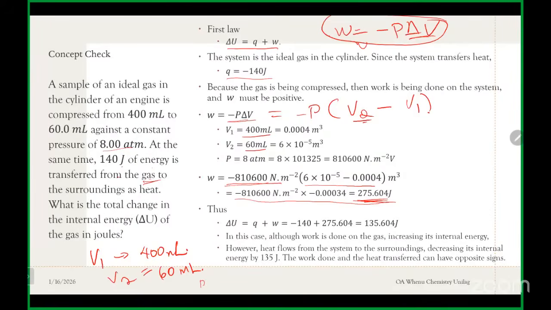Okay, so moving on, no other question of confusion.